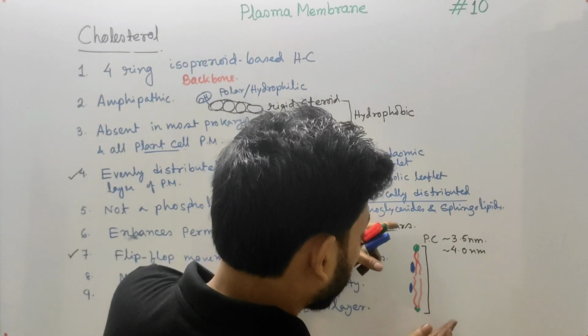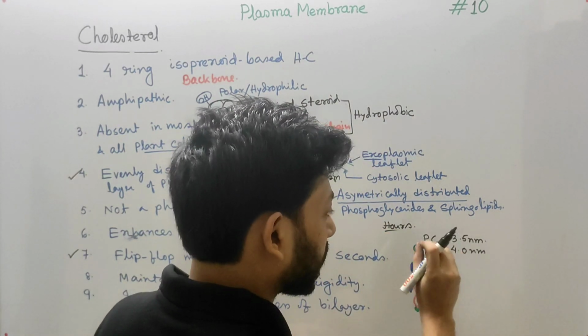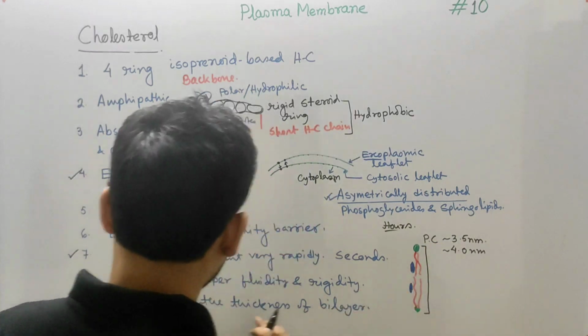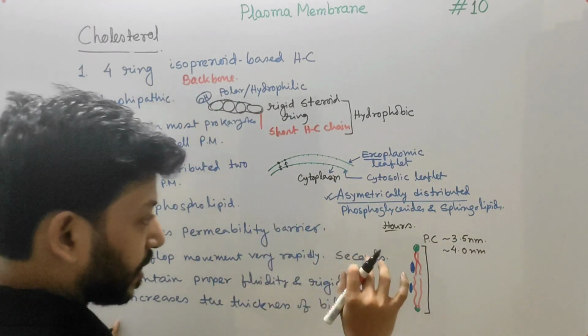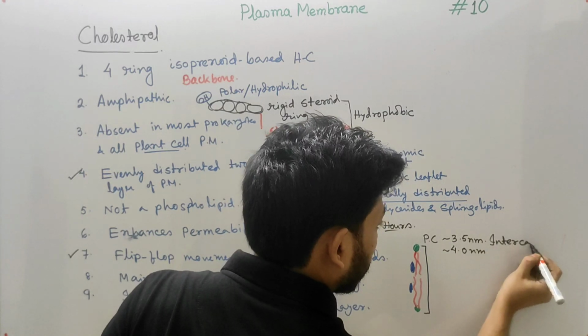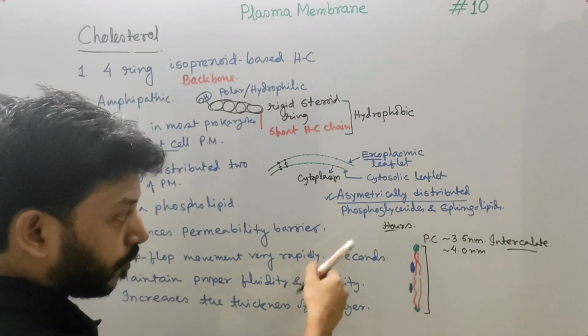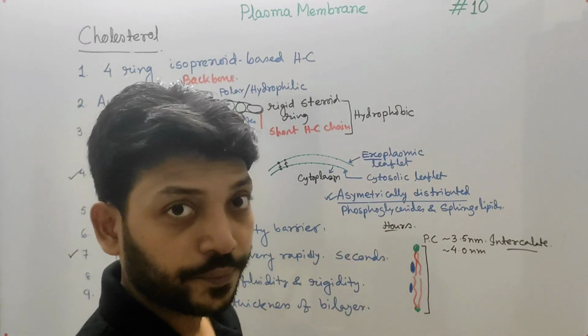So it actually increases the thickness. Okay, I'm not showing it, but just remember that when cholesterol intercalates, the term is intercalate, with the phosphatidylcholines or phosphoglycerides, it actually increases the thickness.